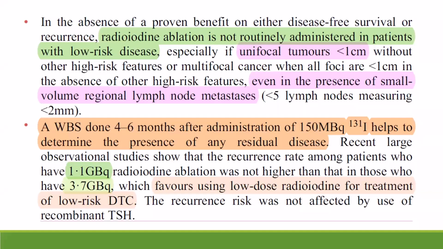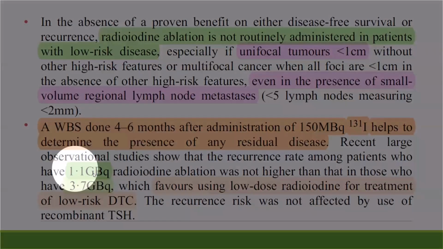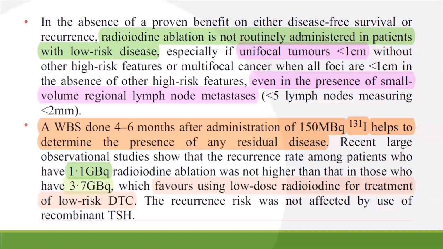But a high dosage of radioactive iodine like 1.1 gigabecquerel or 3.7 gigabecquerel, this is a therapeutic dose. But this is a small dose, a diagnostic dose. So we do whole body scan by a diagnostic dose, but this is a therapeutic dose or radioiodine ablation therapy.